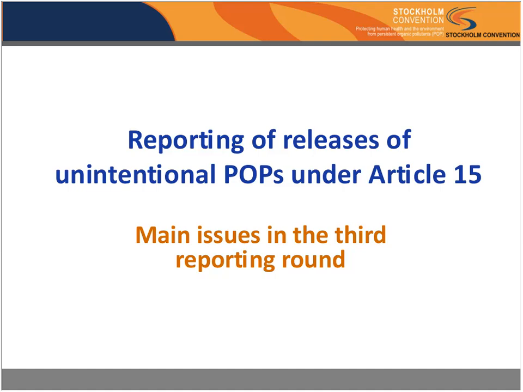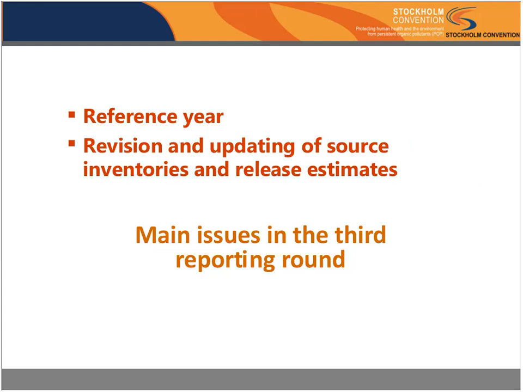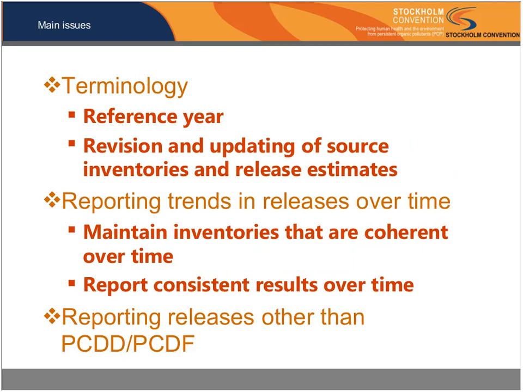So I would mainly like to draw your attention to the critical issues which are related to reporting of unintentional POPs. I will say a few words about the terminology and newly introduced terms such as reference year and also revision and updating of source inventories and release estimates.